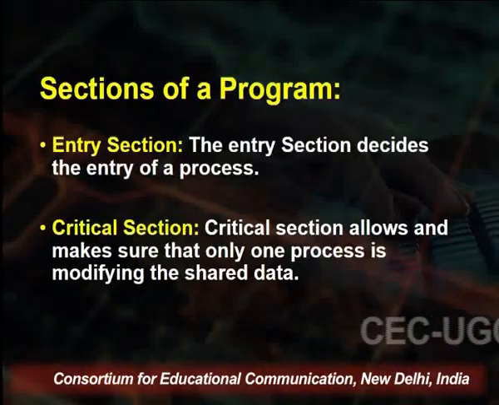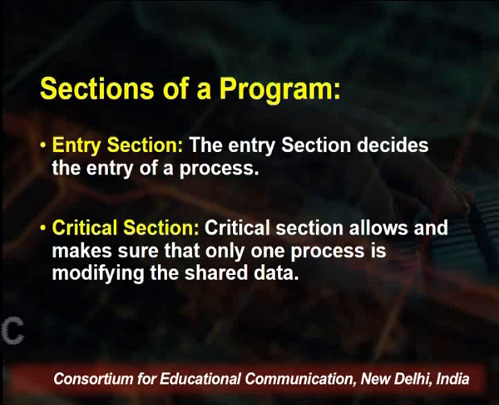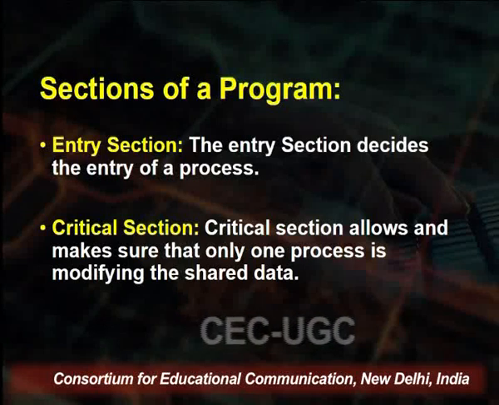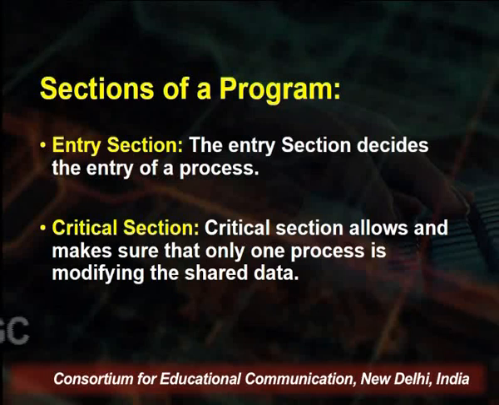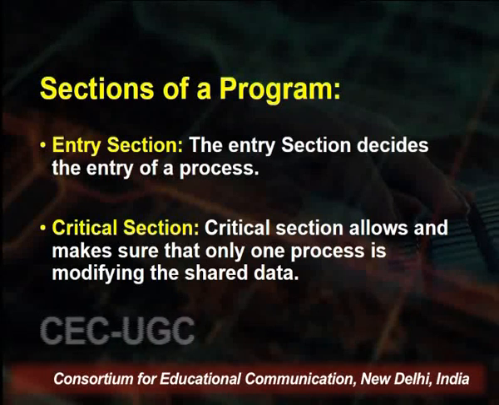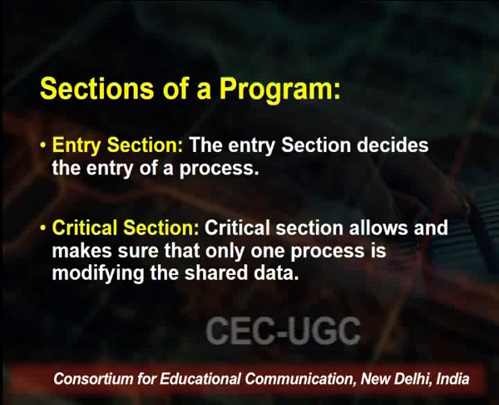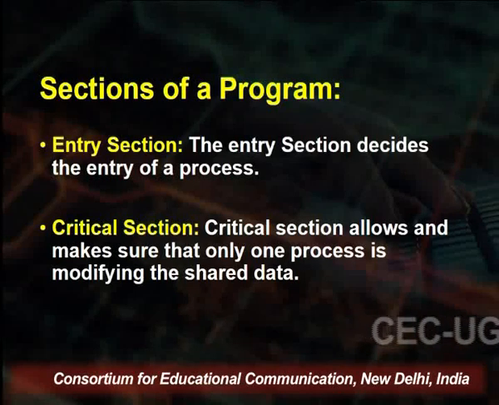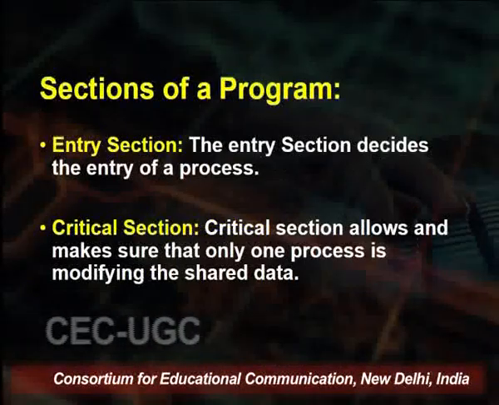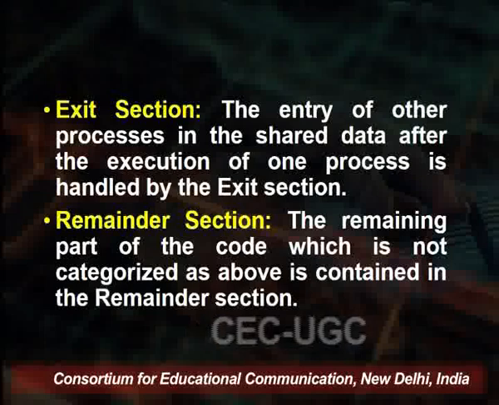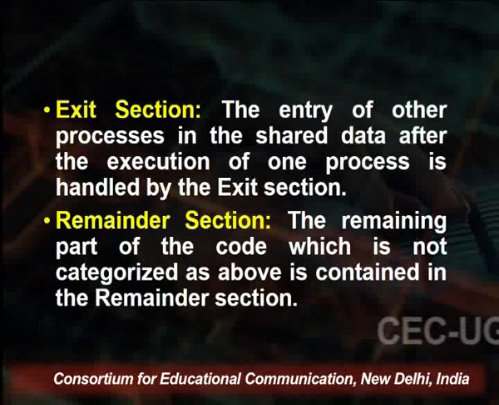So we will look into the sections of a program from the point of view of process synchronization mechanisms. There will be four sections in all: the first is entry section, second is critical section, third is exit section, and the fourth is remainder section.